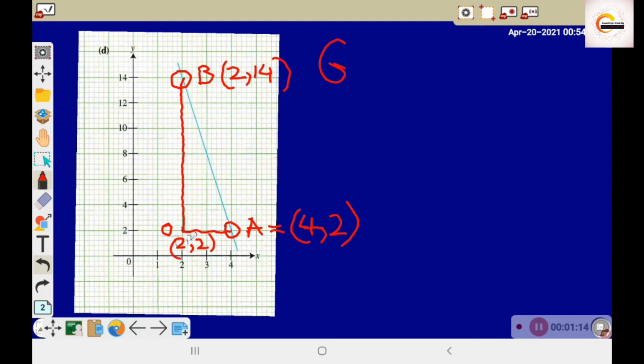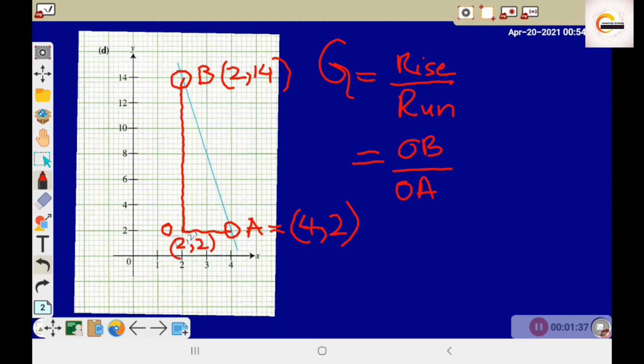Now gradient, we know, is rise upon run. What is the length of rise? Rise is OB, and run is OA.